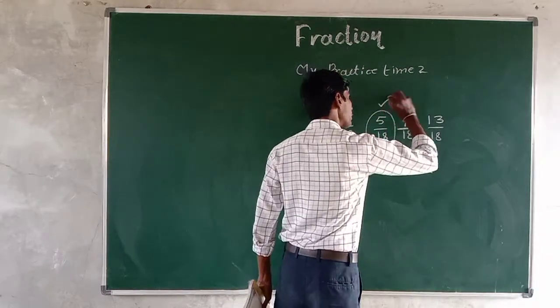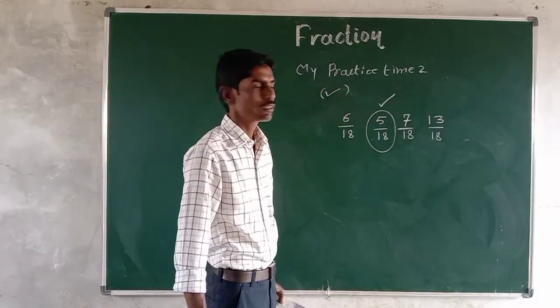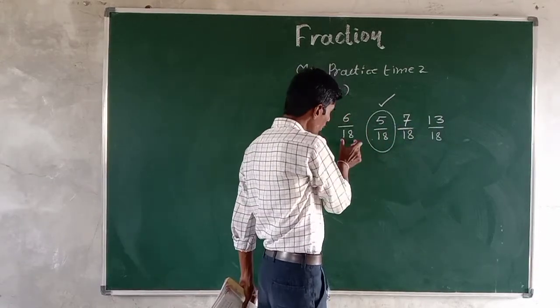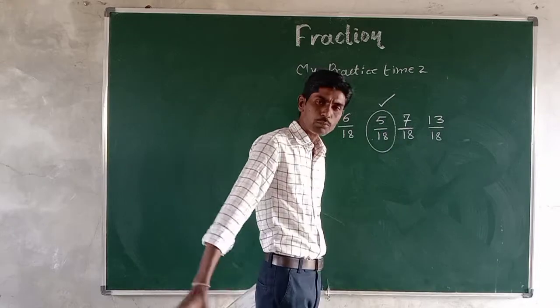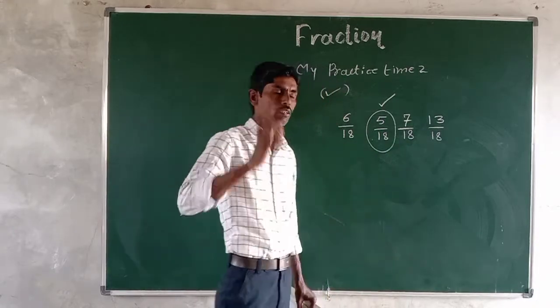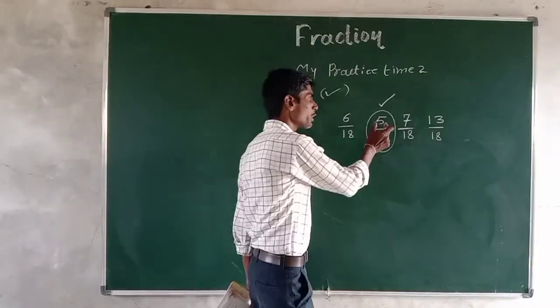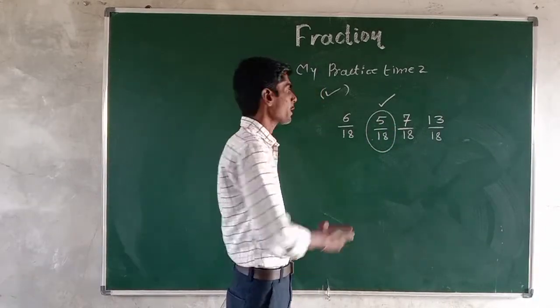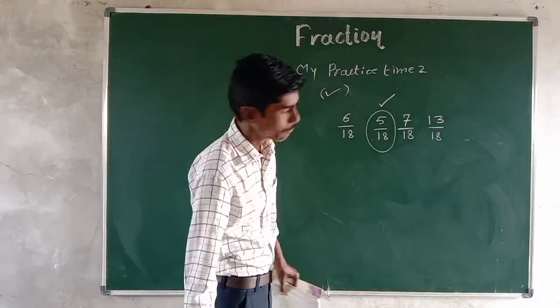That's why this fraction is smallest. So you have to check that the denominators are the same. Whenever you are facing like fractions, you have to think only about the numerator. The fraction with the smaller numerator is smaller.